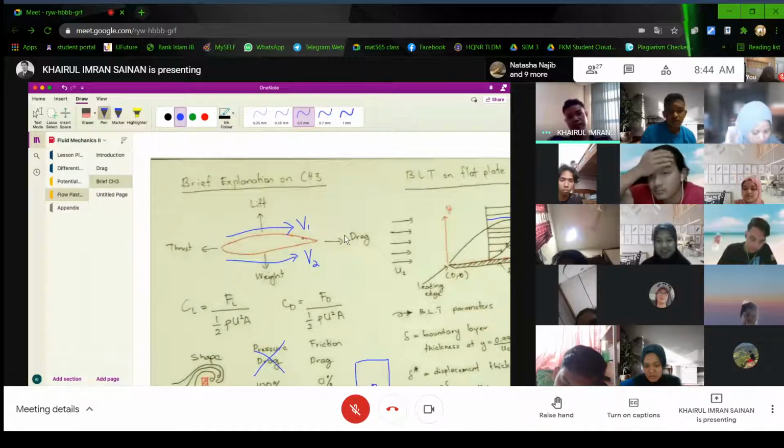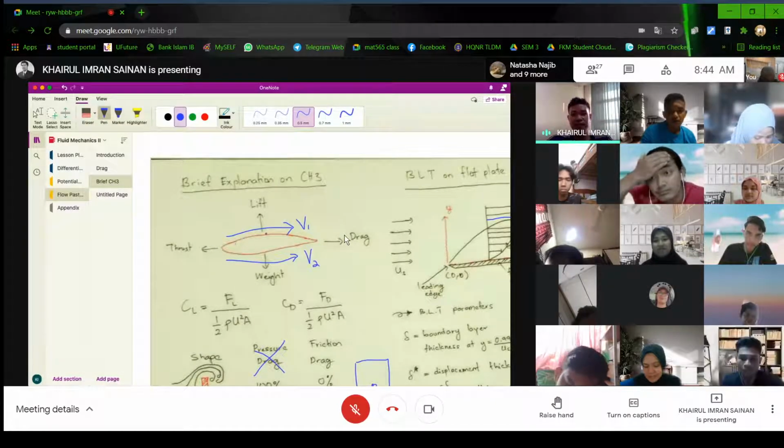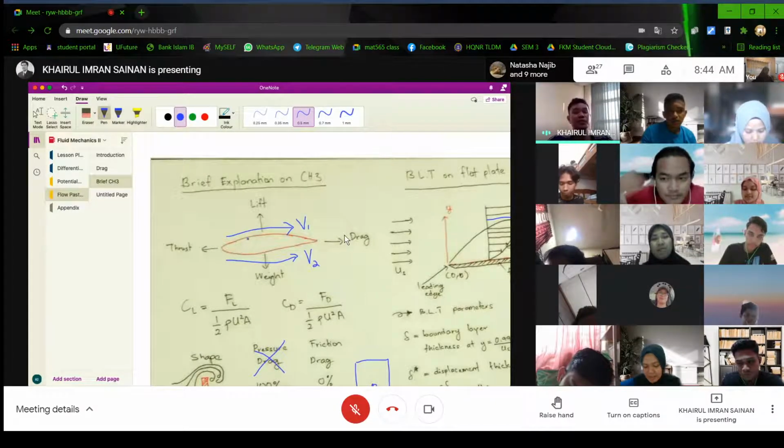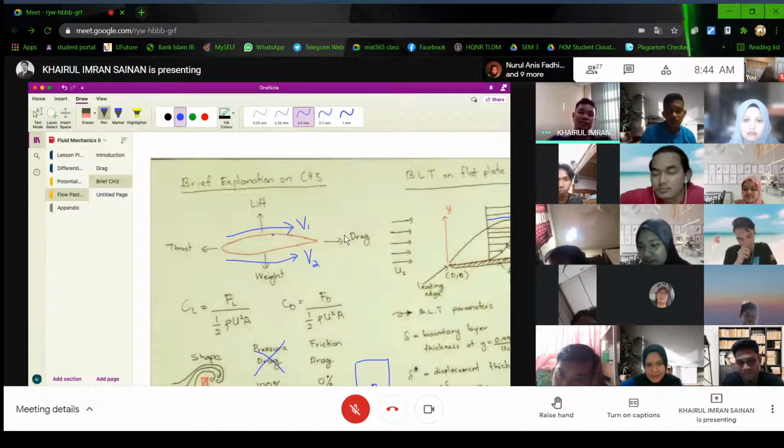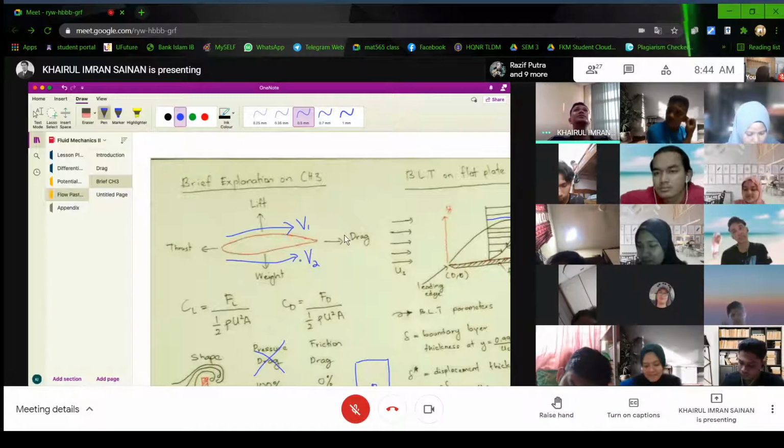Okay. So we design this red color aerofoil. This is just knowledge. It's not going to be in chapter 2. Maybe assignment, I don't know. So we try to design this one to achieve that. So V2 should be low velocity. V1 must be higher.